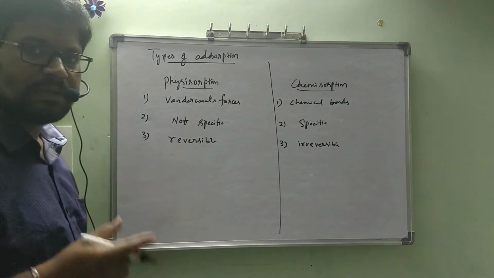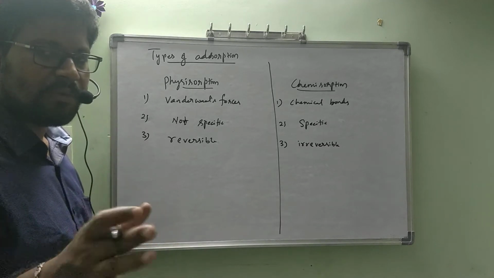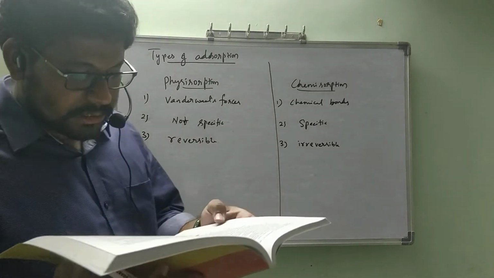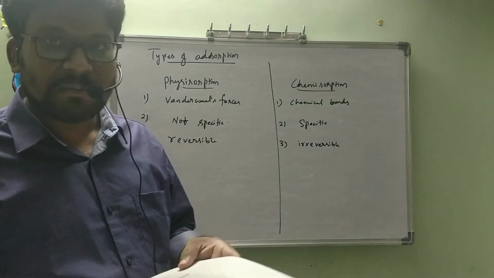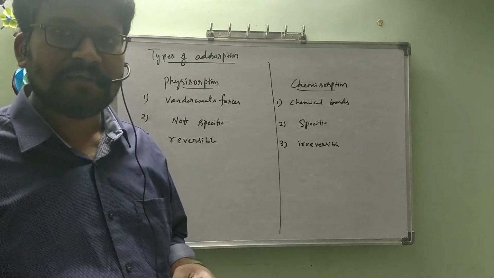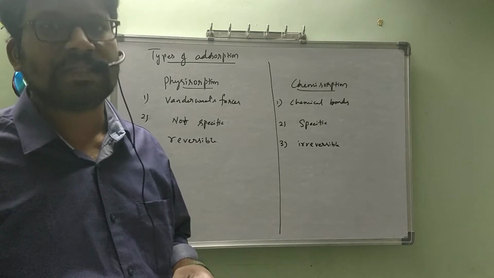But in chemisorption, chemical bonds are formed at once, and they will not be broken easily. That's why it is irreversible. Because in chemisorption, which type of bonds are involved? Chemical bonds. In physisorption, only van der Waals forces are present.